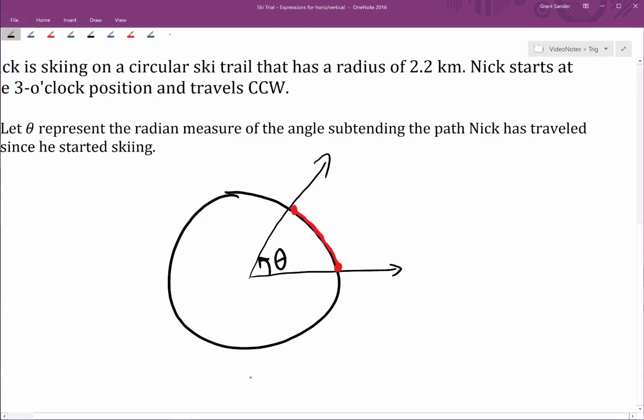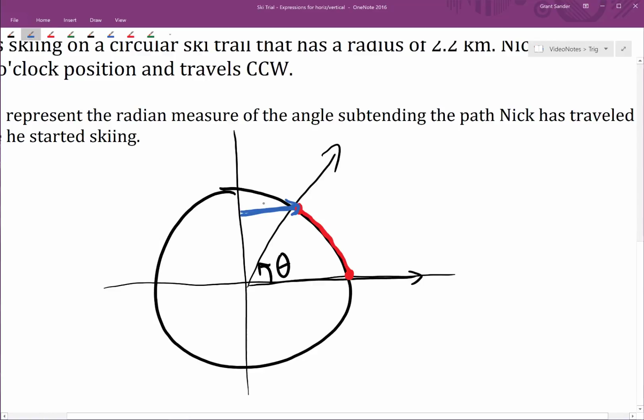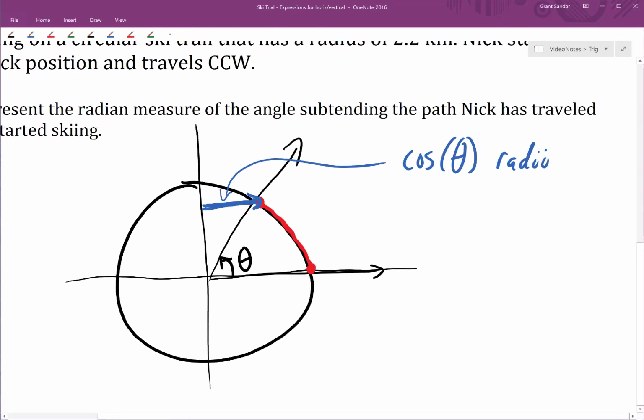Now we can imagine drawing in a vertical and a horizontal diameter to think about Nick's location relative to the center of the circle. If we look at this, Nick is some distance to the right of the center of the circle. And since this angle is swept out theta radians, he is cosine of theta radius lengths to the right of the center of the circle.